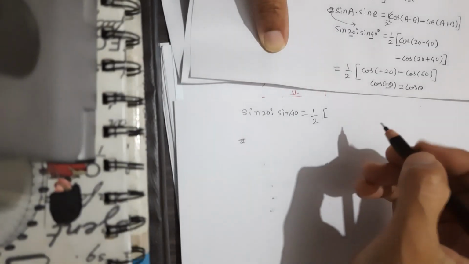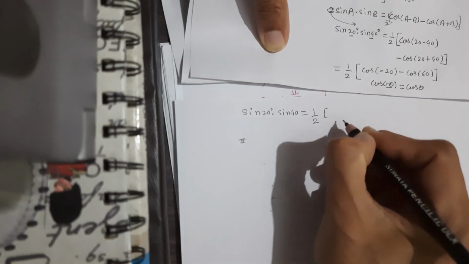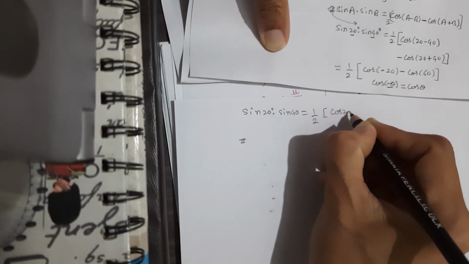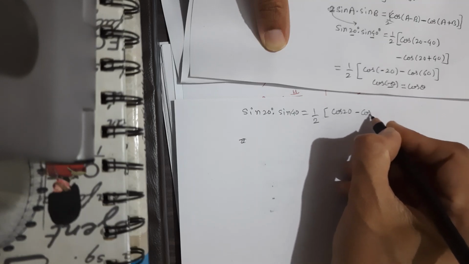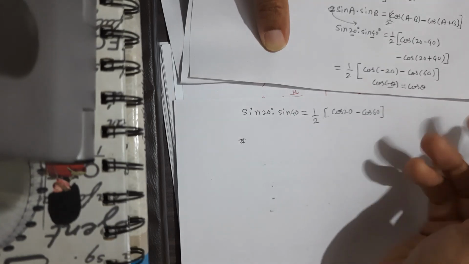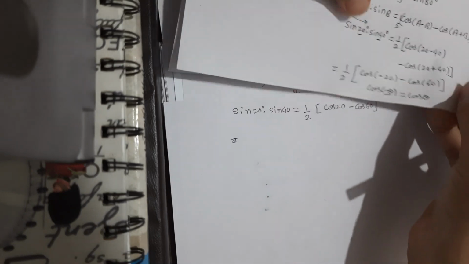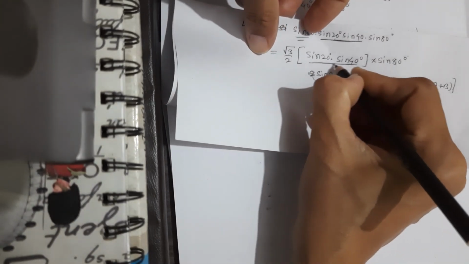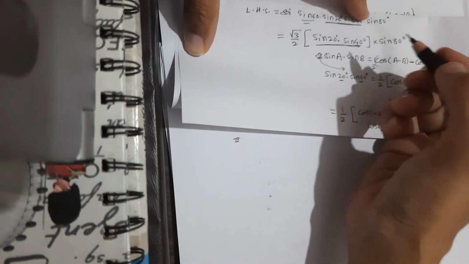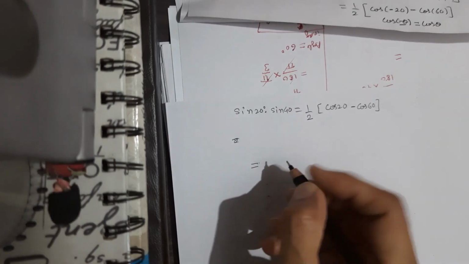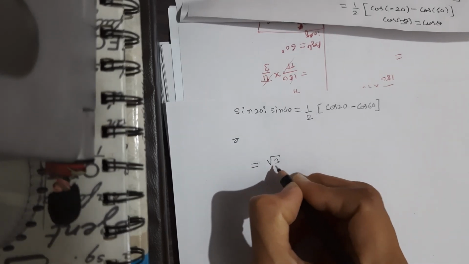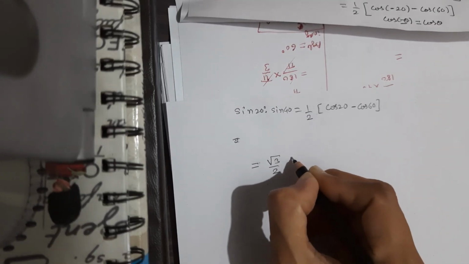Okay, so I'll get cos 20, this minus sign is absorbed, minus cos 60. This value I'm just substituting, so I'll get it equal to root 3 by 2 into, and I'll place the value here.